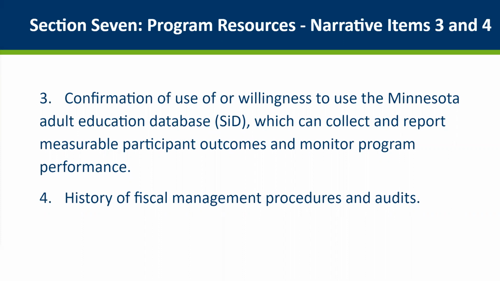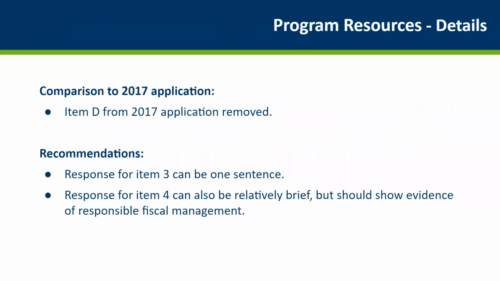On the next slide, a few details and recommendations specifically about section 7. Again, if you're starting with your 2017 application, just notice there was one item that we just took away. You'll see item D in the 2017 application isn't there anymore, so you don't have to worry about that one. And then a couple of fairly straightforward recommendations. When you are responding to item 3, that is the one that is basically confirm that you use SID or are willing to use SID.